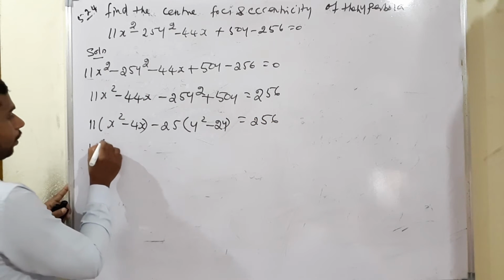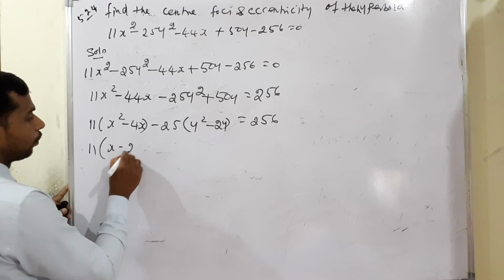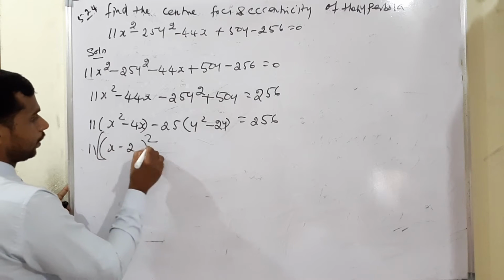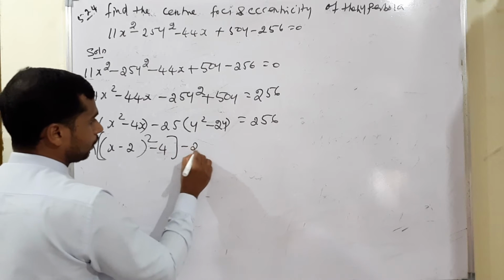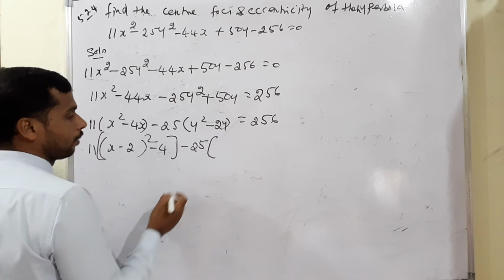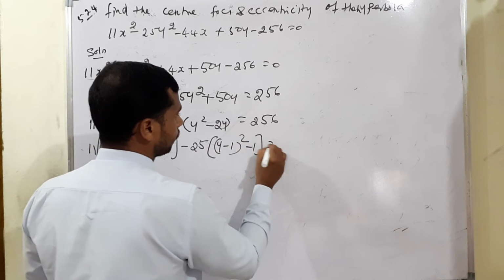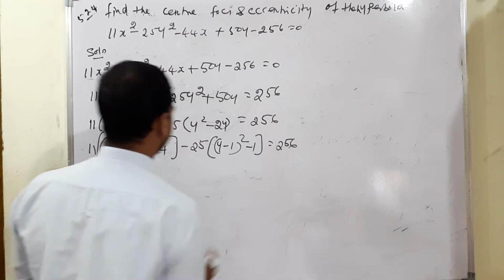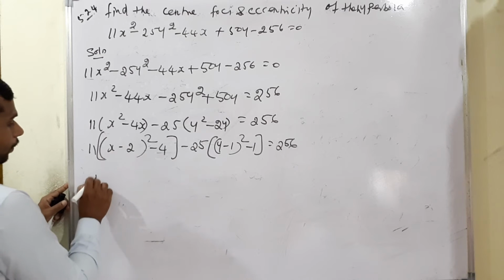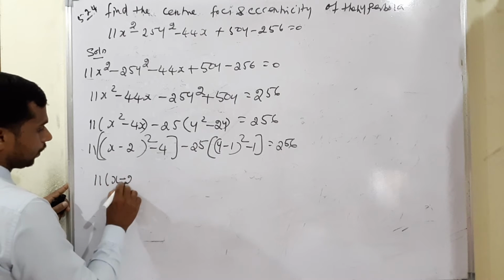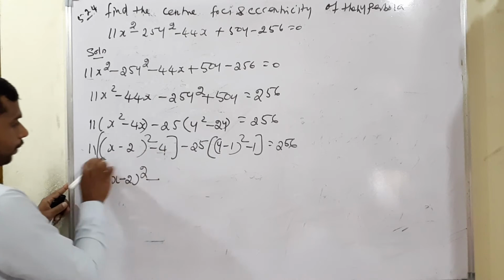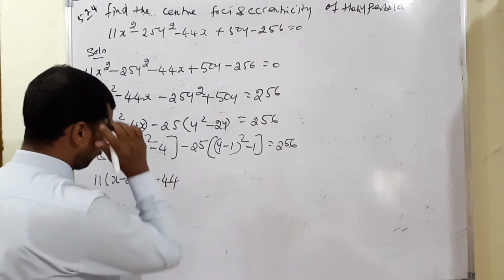Again completing square form means 11 into x minus half of 4 means 2 the whole square minus 4. Then minus 25, next term completing square means y minus 1 the whole square minus 1 is equal to positive 256. Each and every term into 11 means 11 into x minus 2 the whole square minus 4 into 11 means minus 44.